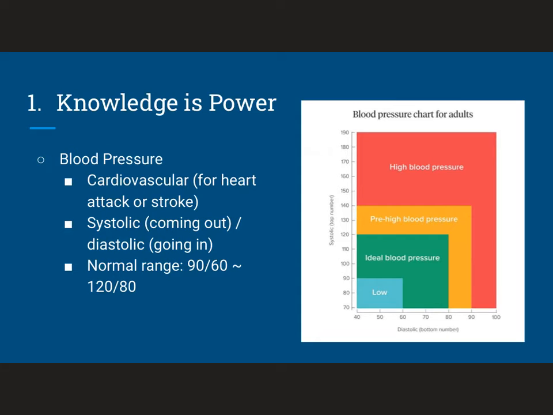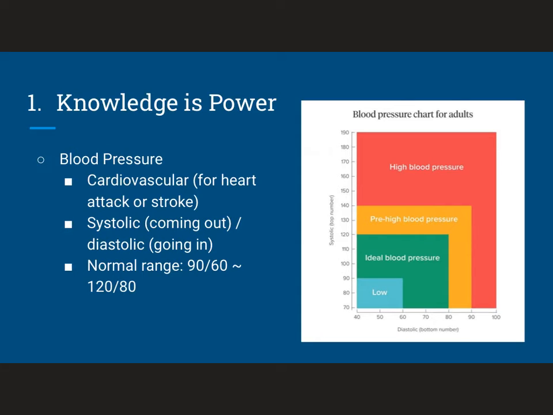Systolic means how much pressure your heart is putting upon your body when the blood is coming out of your heart. Diastolic is the pressure when the blood is going back into your heart after traveling across your body. And these numbers are important because they may be an indication of cardiovascular diseases.